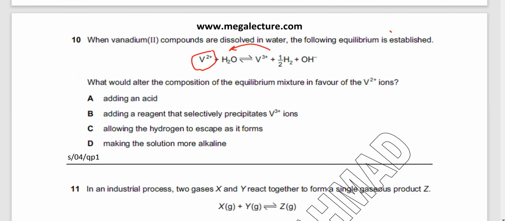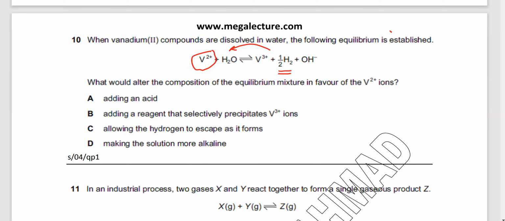What would the first one do? If you add it, it'll make more OH ions to equal out the acid, so I can't use that one. I don't know what the second one does. For the third one, if you allow hydrogen to escape, then it'll go to the right because it's trying to recover the one that's lost, and it produces more H2.